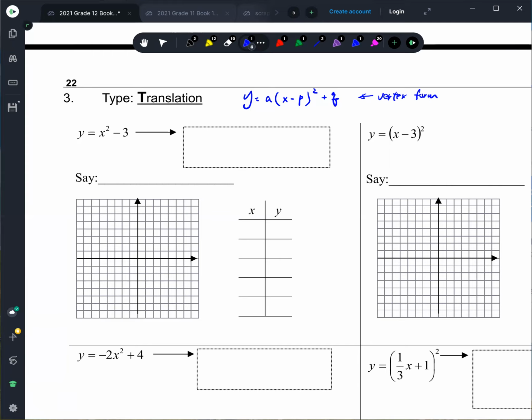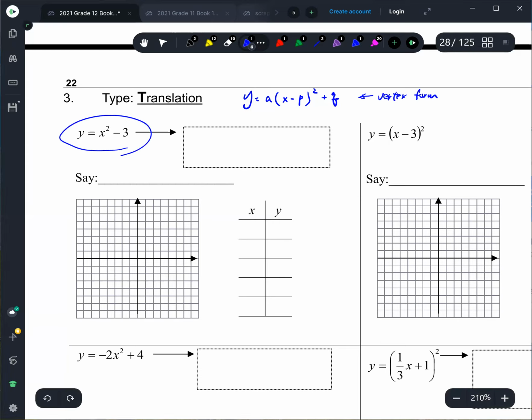Okay, Daniel, where do you think this parabola has the vertex at? Where is the vertex for this parabola?